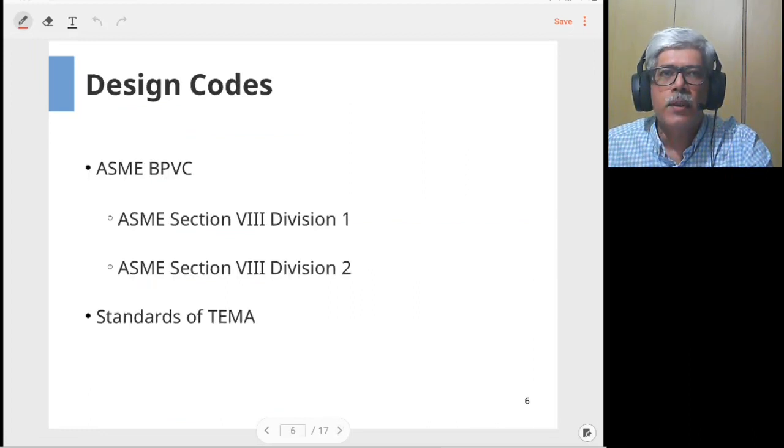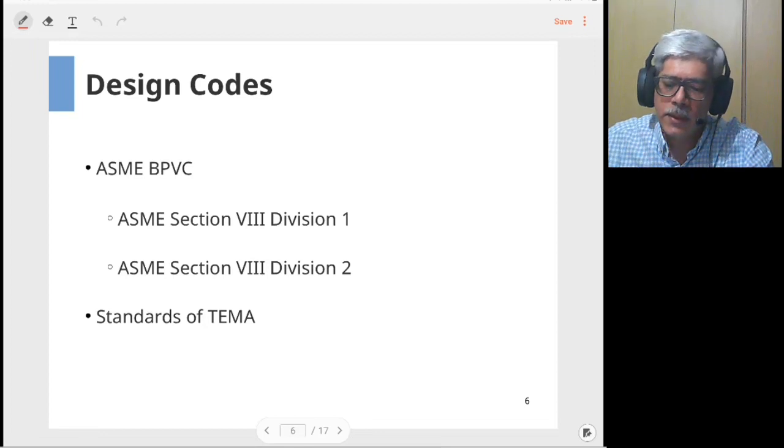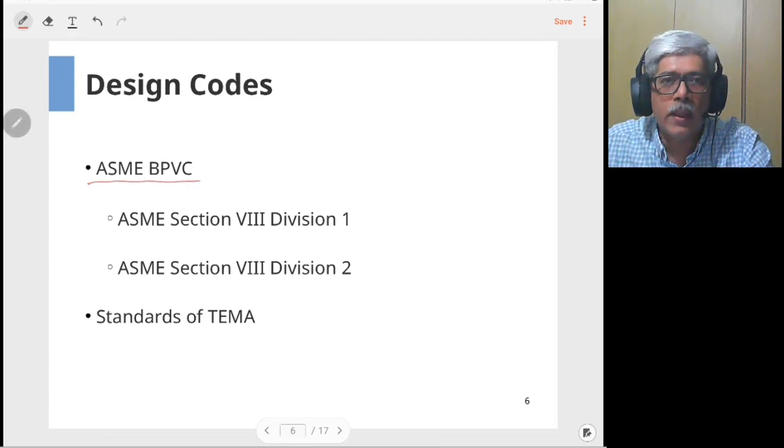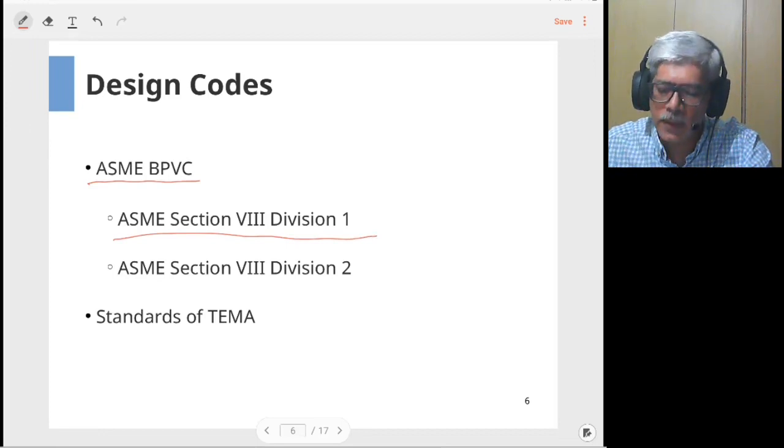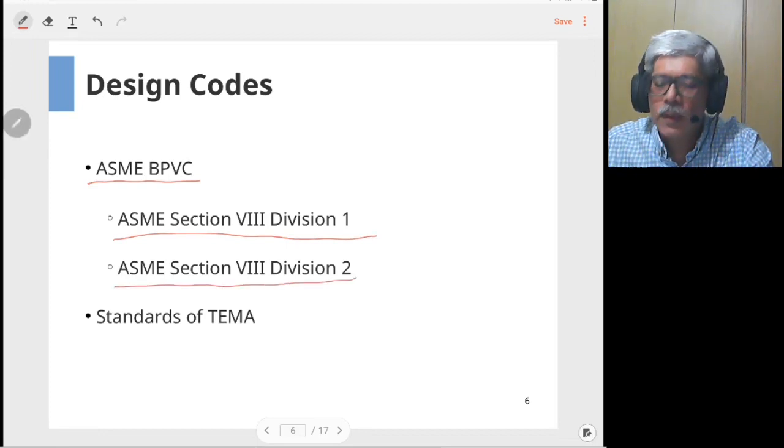The design code which is used for design of heat exchangers is again the ASME Boiler and Pressure Vessel Code, or BPVC. The most commonly used code for heat exchangers is ASME Section 8 Division 1, or for high pressure conditions you can use ASME Section 8 Division 2 for the design of the exchanger.